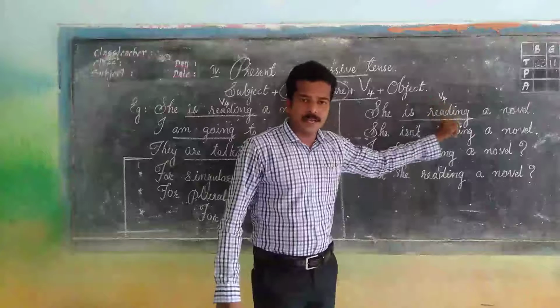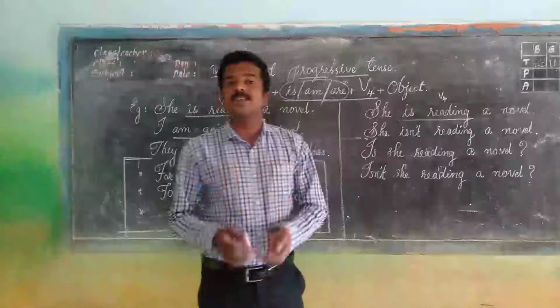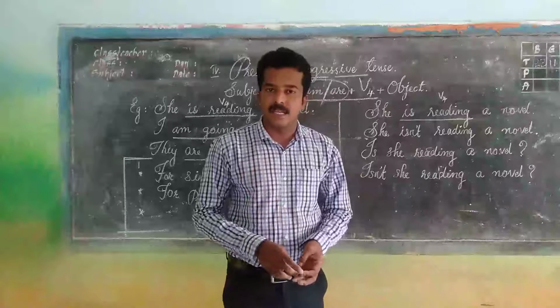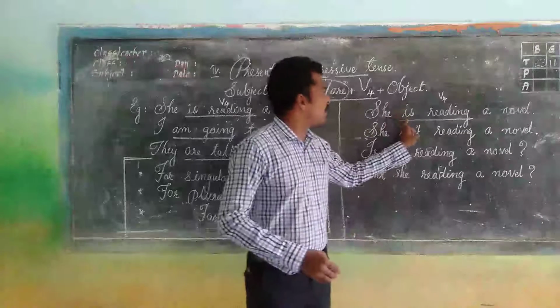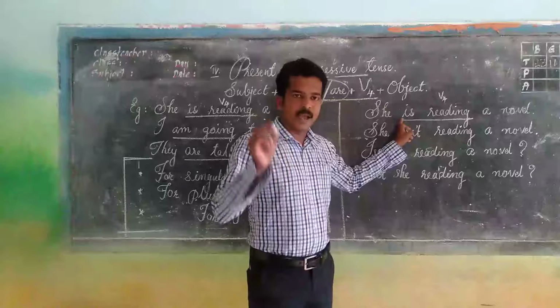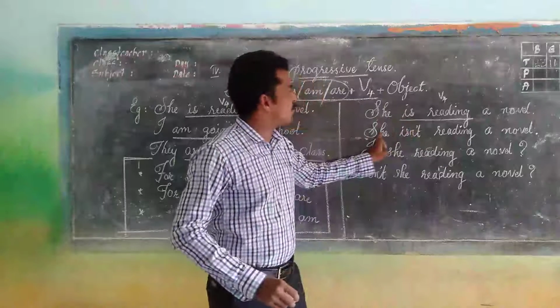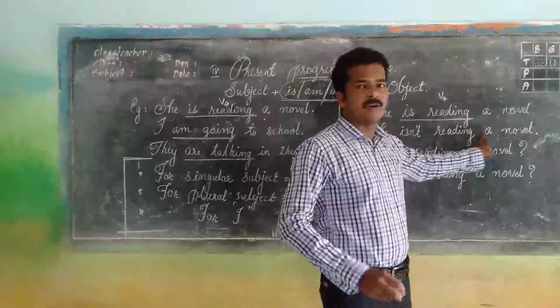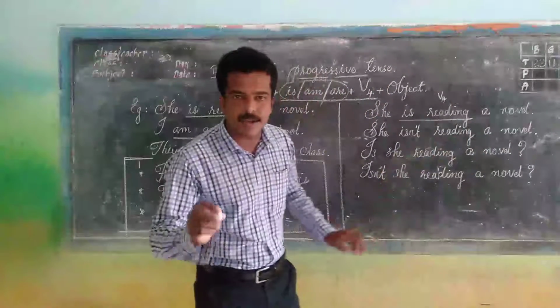She is reading a novel. Then as I told you, to make a negative sentence, just add not along with the helping verb. Here the helping verb is is. So is plus not is isn't, and that is the reason the negative form will be she isn't reading a novel or she is not reading a novel.